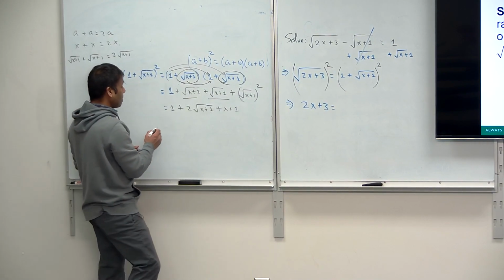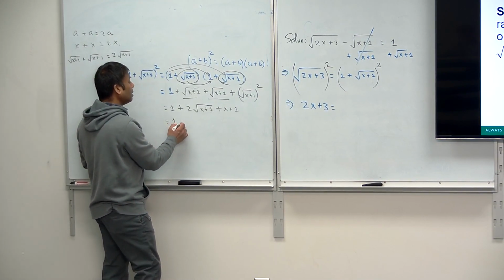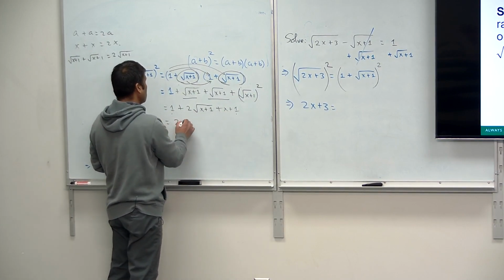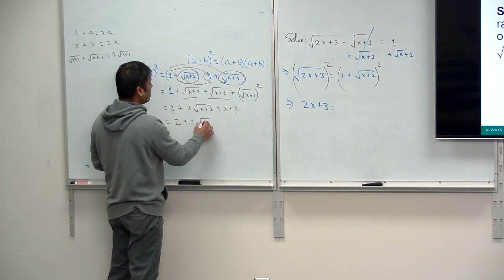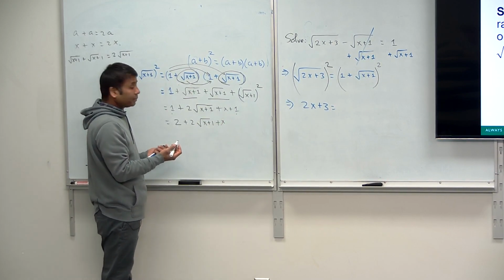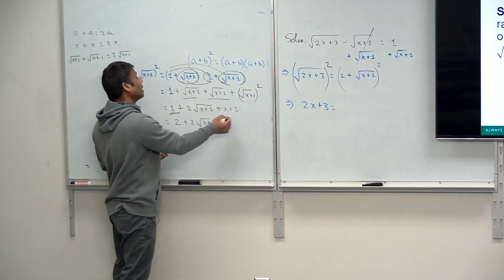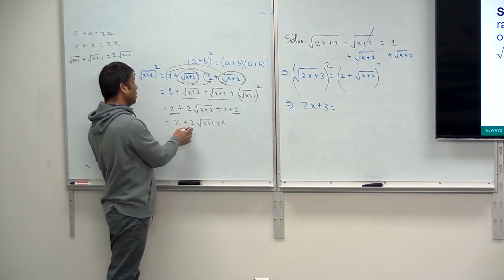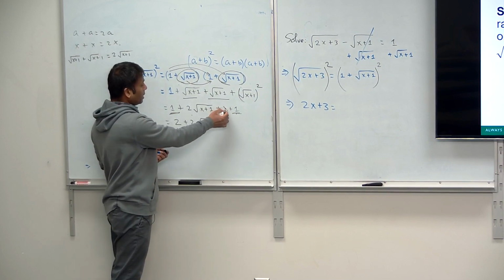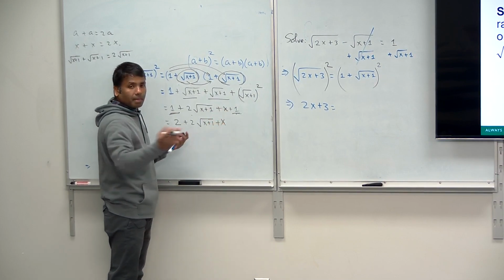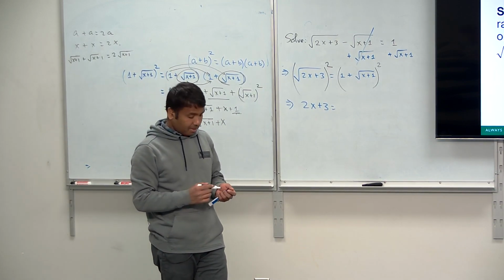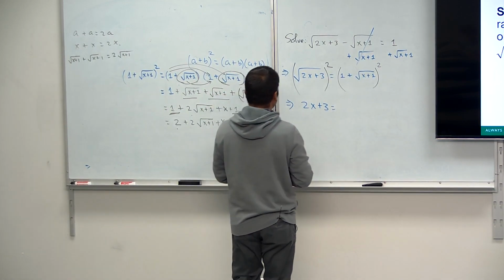So now it will be 1 plus, so 1 plus 1 is 2, 2 plus 2 radical x plus 1 plus x. That makes sense? This 1 and 1 is 2. This is 2 radical x plus 1 and plus x. Did you get it? Okay, so now let me write down here.